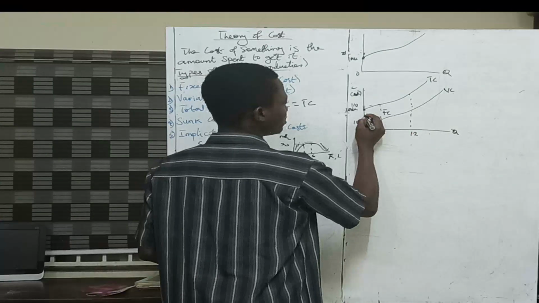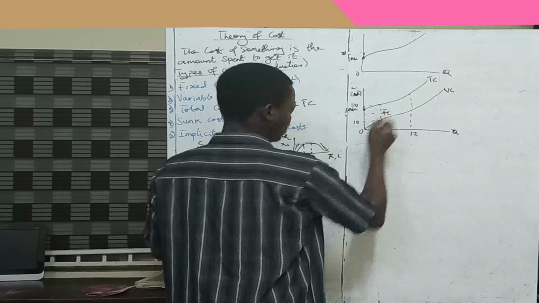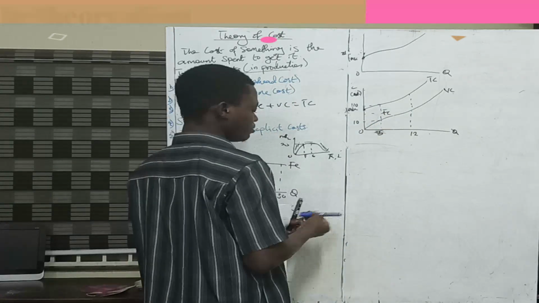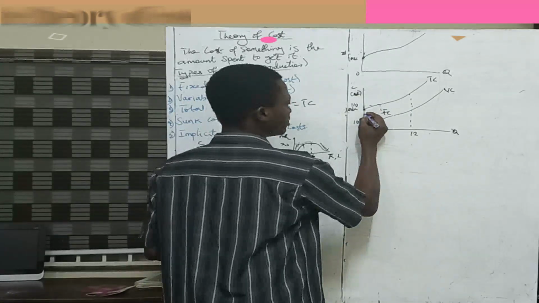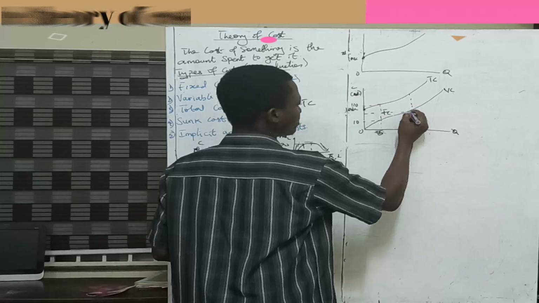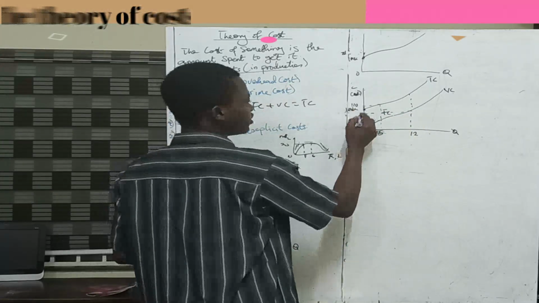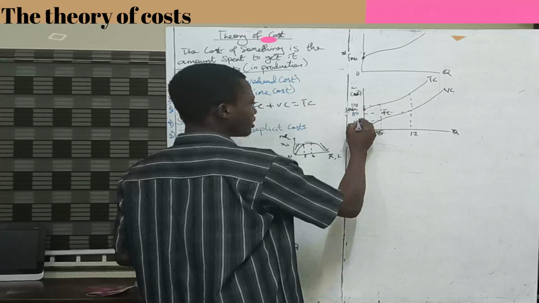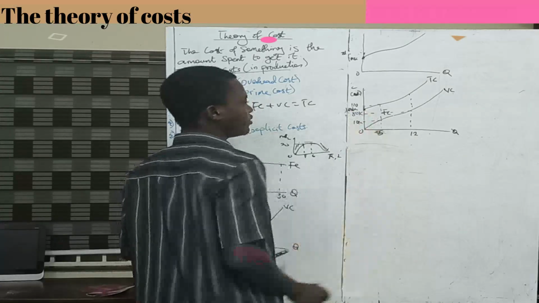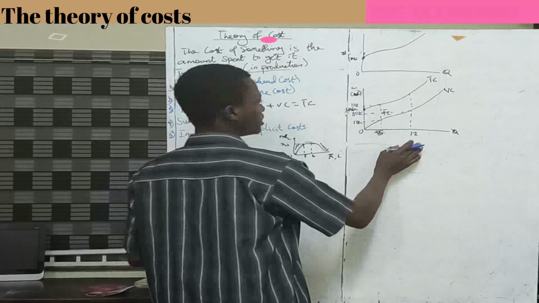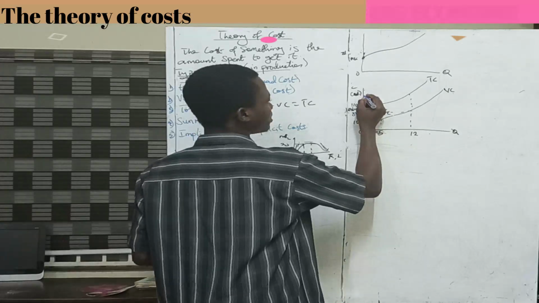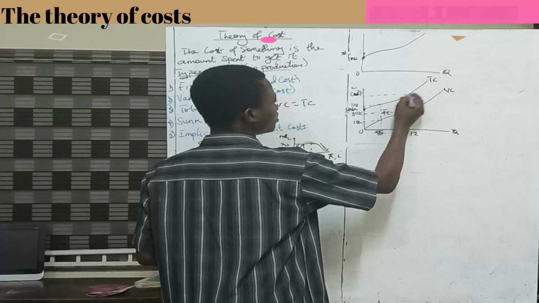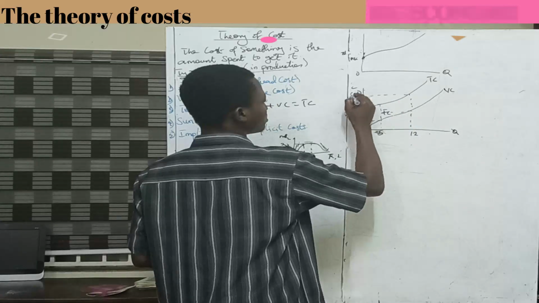It doesn't matter where you are, let me say up to output 12. Here your variable cost at output 12 is 80,000, so your total cost here will be 180,000.